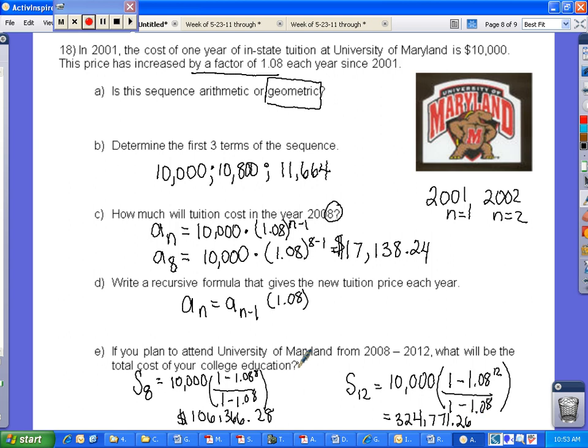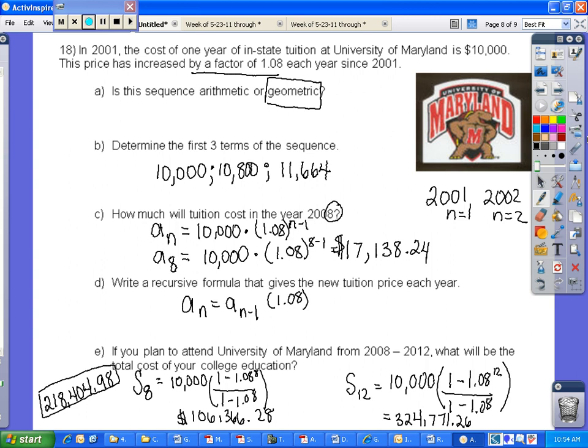So now if you take the difference of those two values, because those are the sums, you get $218,404.98. Okay.